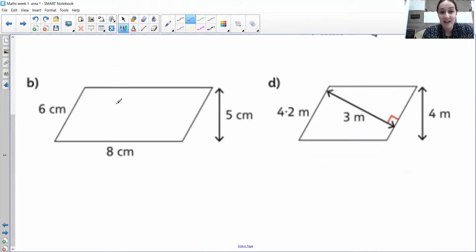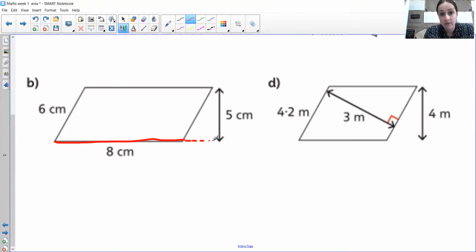Right, okay then, hopefully you've had a go at that. So remember, you need the 2 that meet at a right angle, okay? And these ones, I've tried to trick you a little bit, but I think we can do it. So here is my base. My base height is 8 centimetres. Which measurement, this one that's 6 centimetres, or this one that's 5 centimetres, would meet 8 centimetres at a right angle?